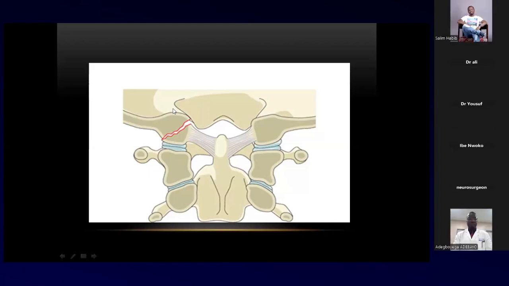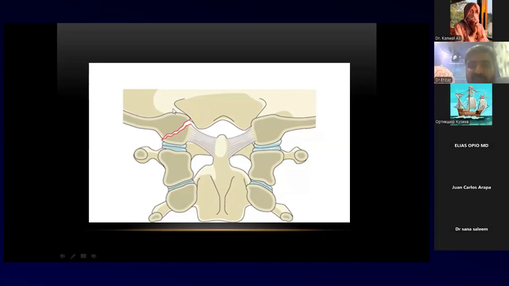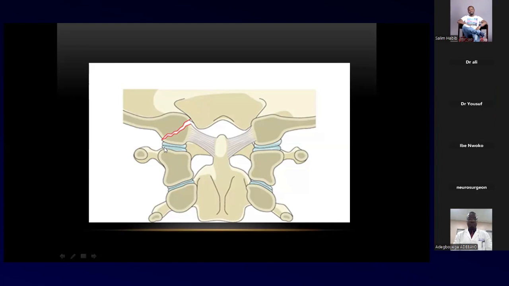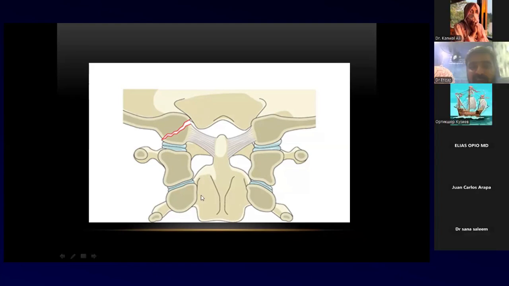That's why AO Spine classifies these injuries into three classes. Type 1 starts with the isolated fracture of the condyle. Look at here. It is an isolated fracture of the condyle. If it is unilateral and linear, that is okay, it is a stable fracture. When it is bilateral and there are multiple fractures, then it is unstable.